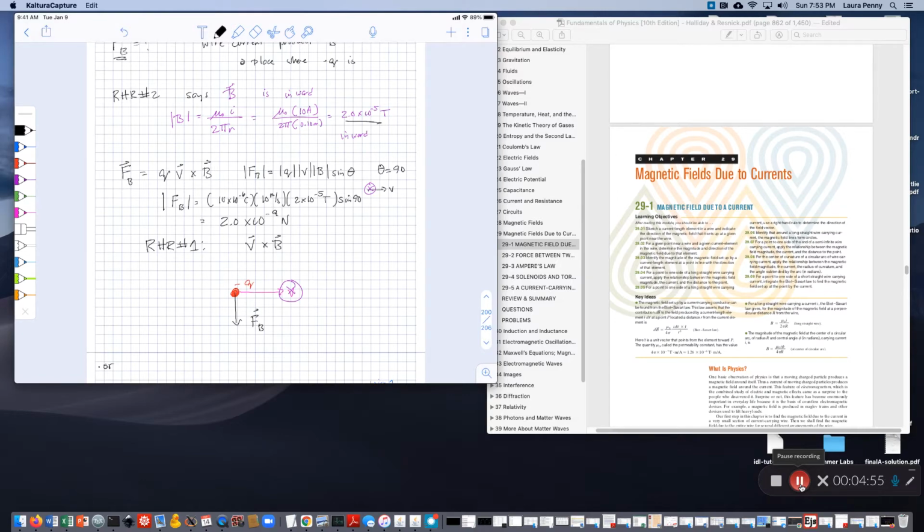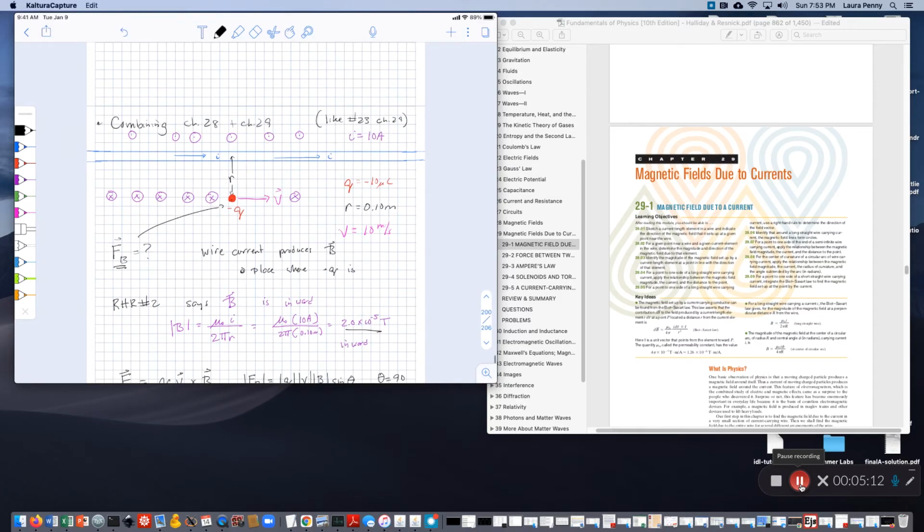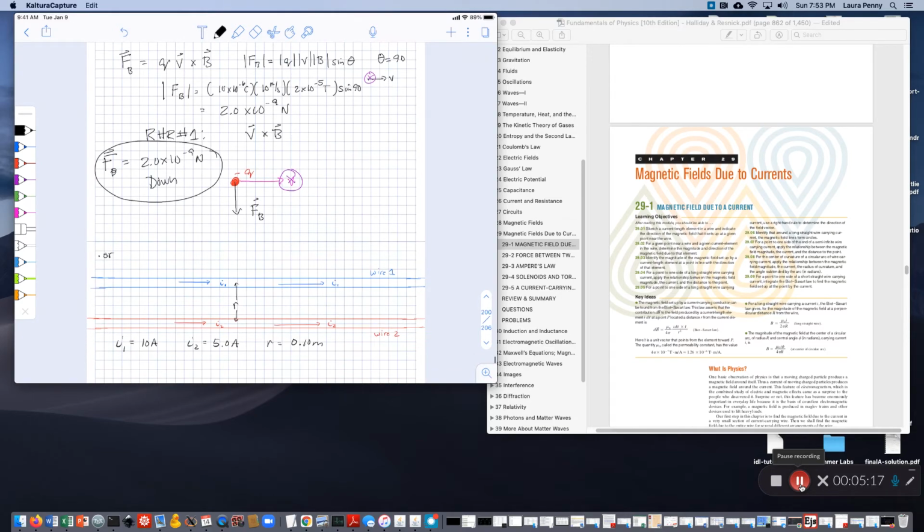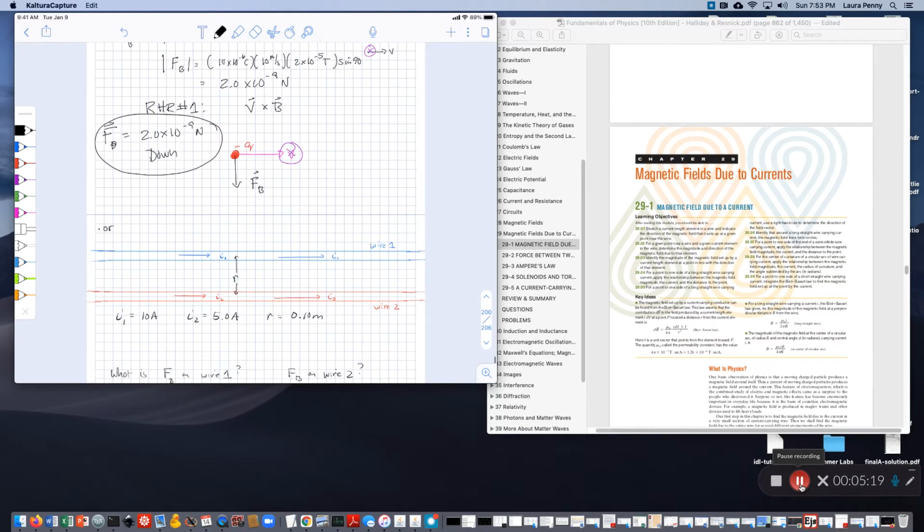So the F sub B on this particle is 2 times 10 to the negative 9 newtons down, negative j, if we wanted to do it that way. So here I've combined both chapter 28 and 29.